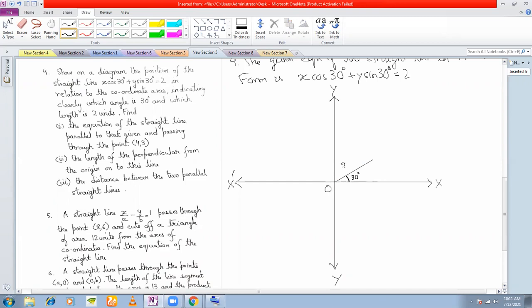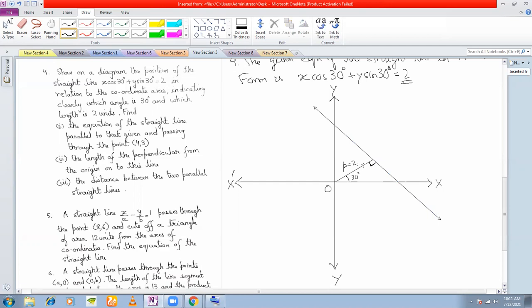What is the length of this perpendicular? 2 units, right? Because right hand side here is 2. x cos theta plus y sin theta is equal to p, right? Let's write here, p is equal to 2. And now we draw the straight line such that this is 90 degree.